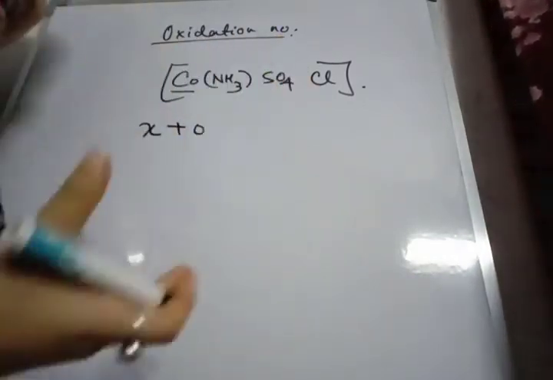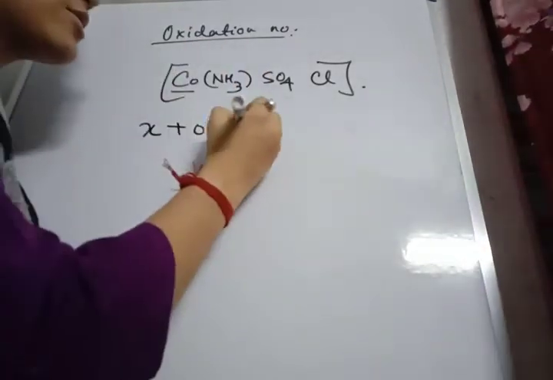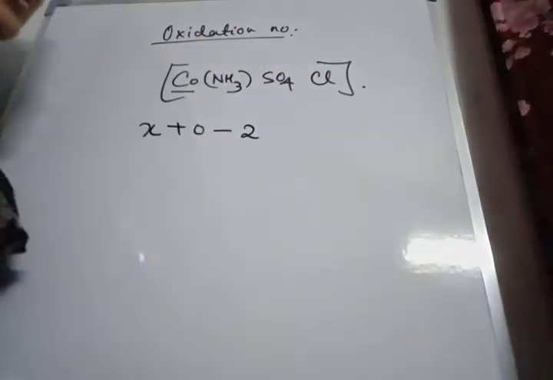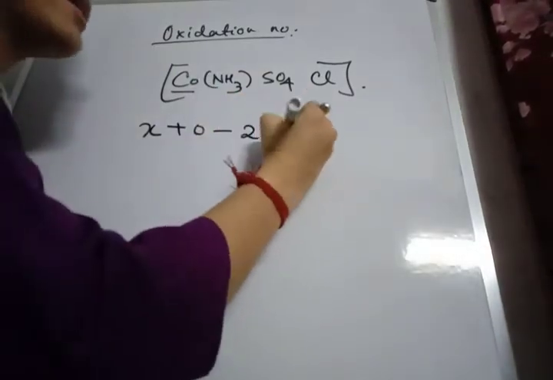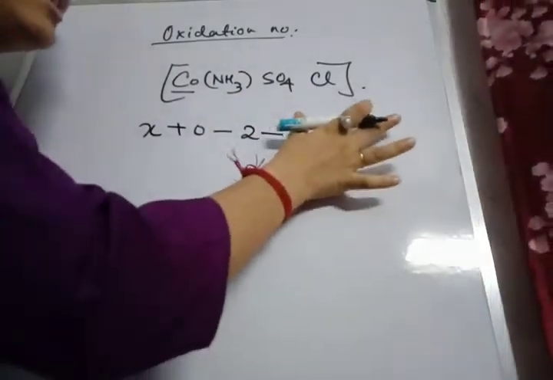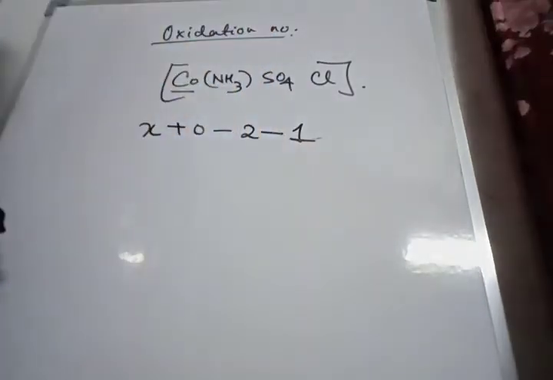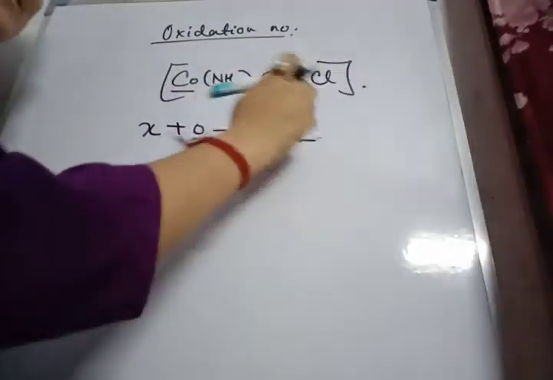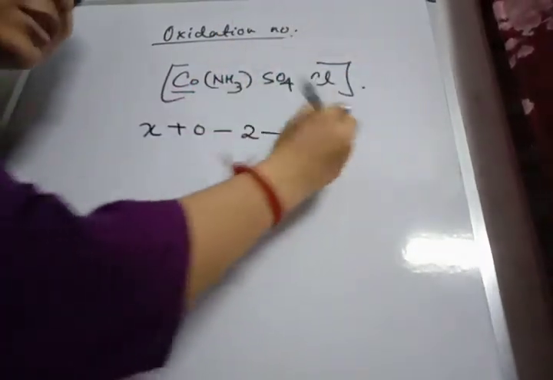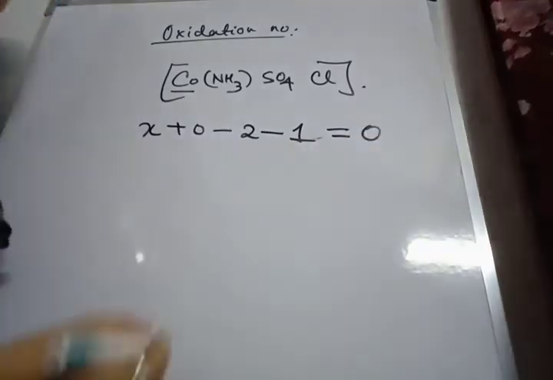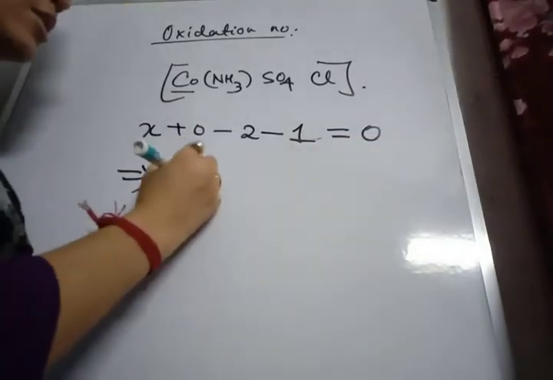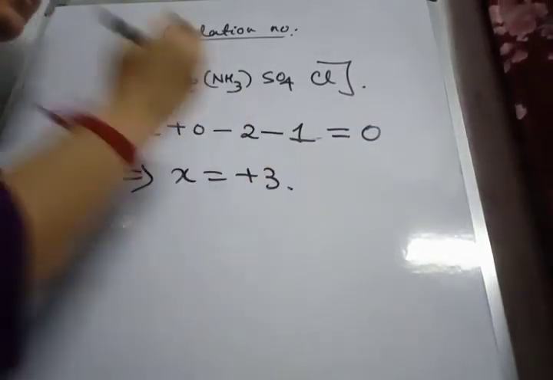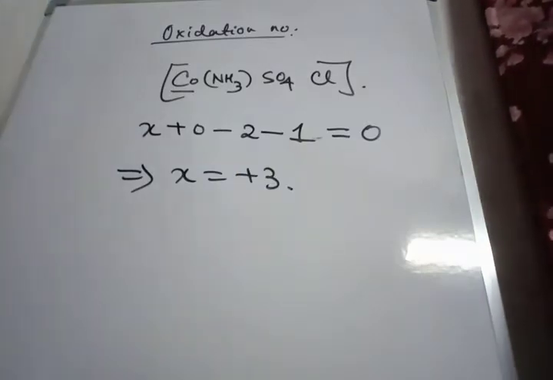Okay, sulfate, it's an anionic ligand and its charge is -2. Chloride, it is also an anionic ligand, its charge is -1. Overall, the complex has no charge, the complex is neutral, so we are writing equals to 0. Now X equals how much? +3.